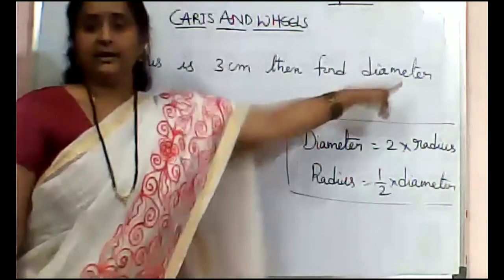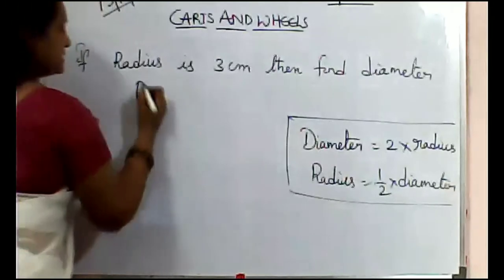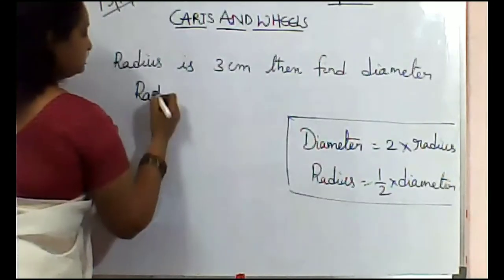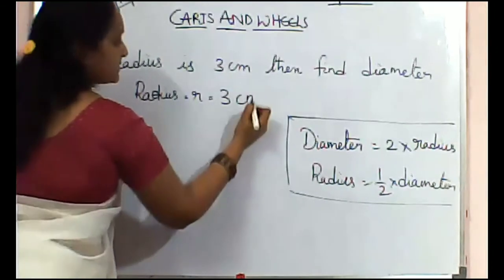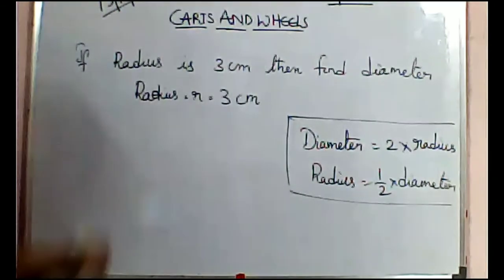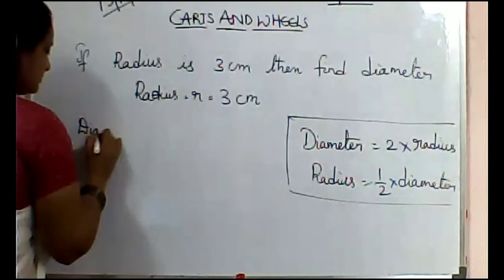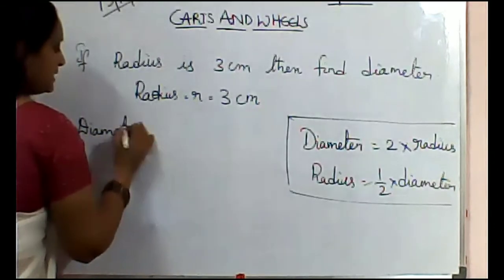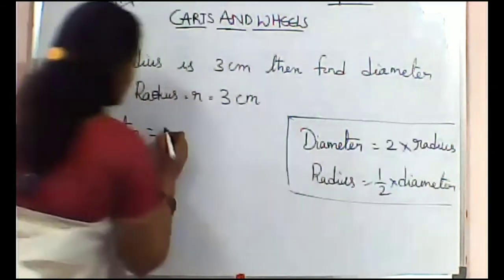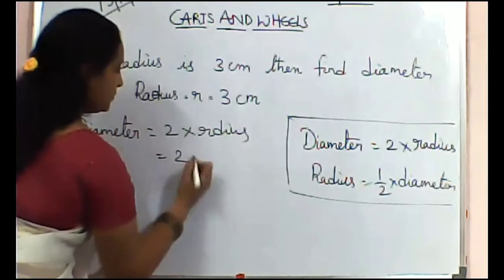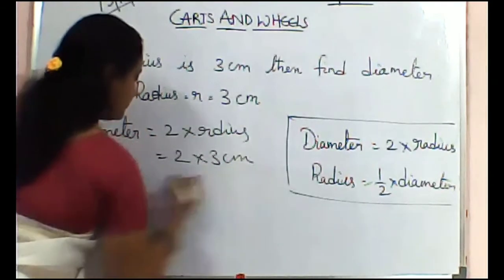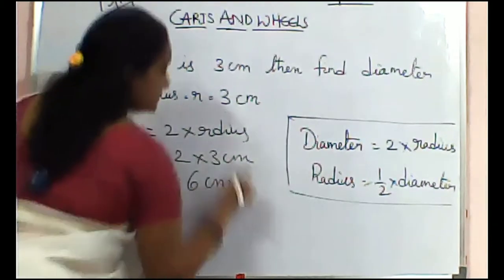Then find the diameter. Radius r is given as 3 centimeters. Now we need to find the diameter. Diameter equals what? 2 into radius. So 2 into 3 centimeters, which is nothing but 6 centimeters.